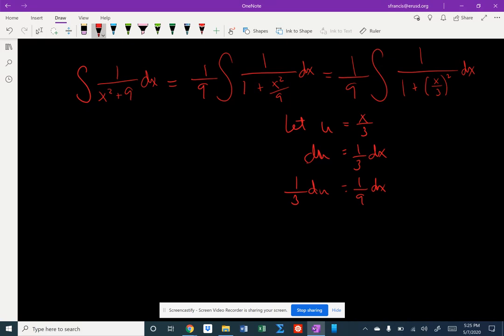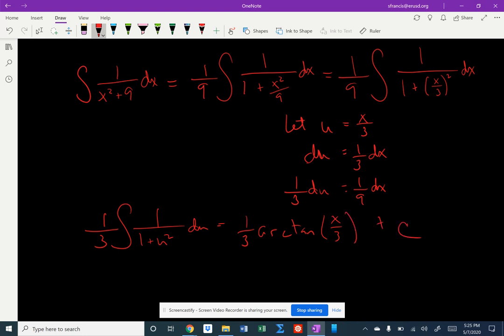But nonetheless, when you rewrite this in terms of u, either way, you're going to get 1/3 times 1 over 1 plus u squared du, which of course is going to be 1/3 arctangent of u, but I'm just going to get to that step and replace u immediately with x over 3, giving 1/3 arctangent of x over 3.